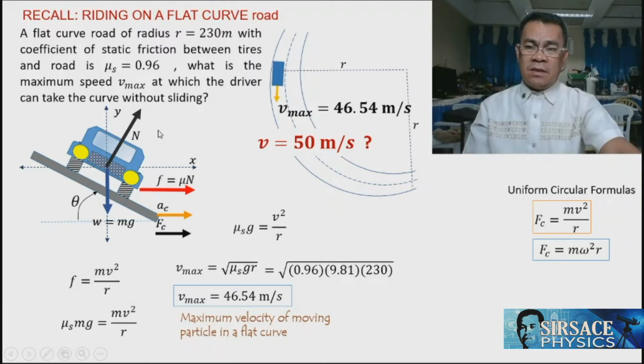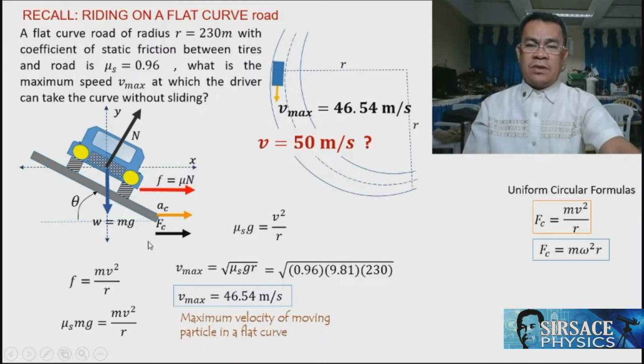Now in this case, the normal has its component along x and along y, wherein the component along x will be a contributor towards the centripetal force, which means that the normal force component along x helps the friction to produce the centripetal force. If you remember previously, in this problem, we had only friction as the centripetal force. So in this configuration, we are now adding the normal force component along x. So it should be the normal force along x added to the friction.